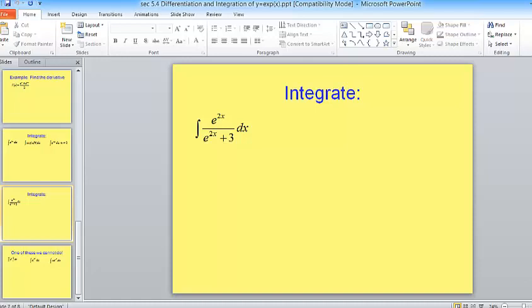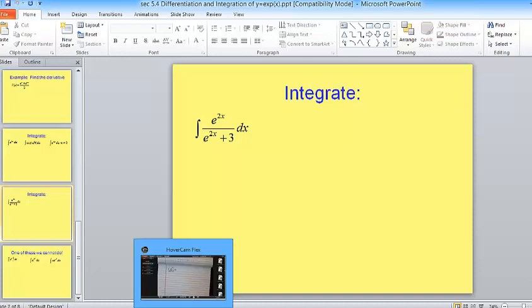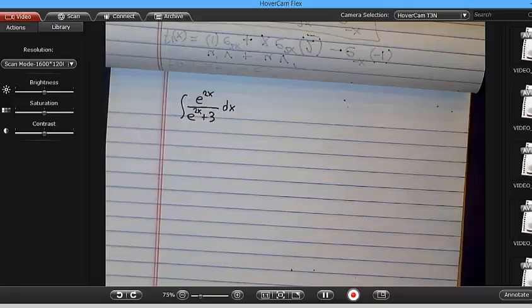That's the hard part. This is one of those where you'll try it, and you'll try it again, and then if you actually discover it, it's really cool. But since you've never seen one of these before, I wanted to give it to you as an example. Okay? So watch what I'm going to do.